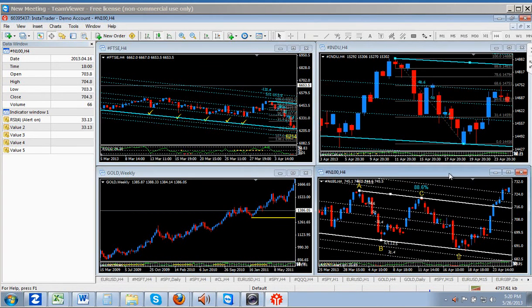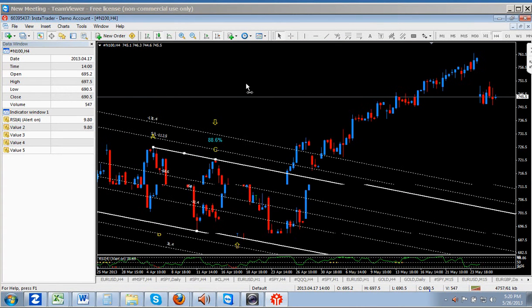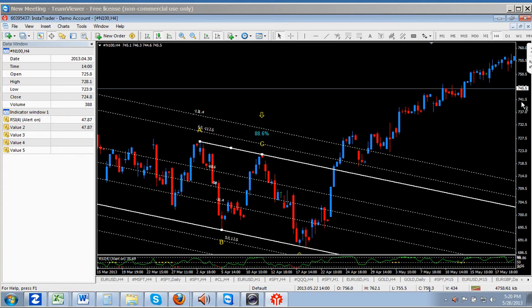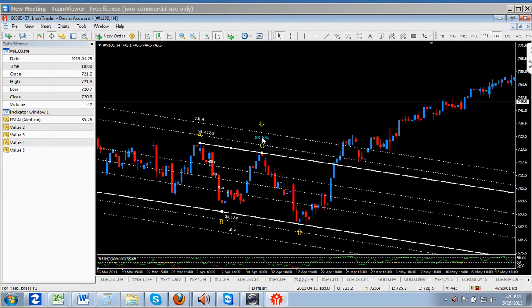And last, we have the NASDAQ 100 index here. And in this case, the retrace was 88.6%. And the adherence to all the interior levels, well, actually the first two was good.